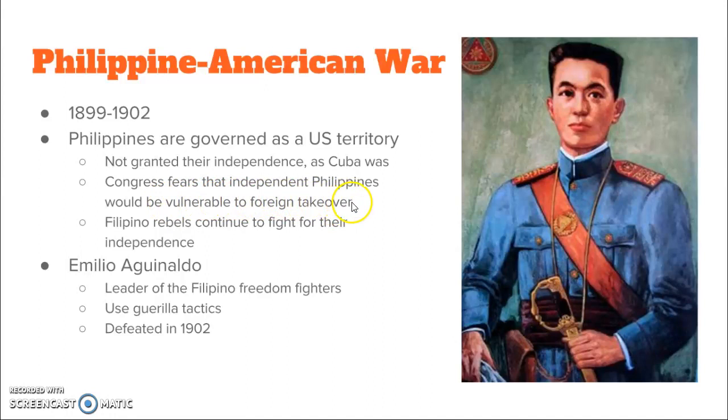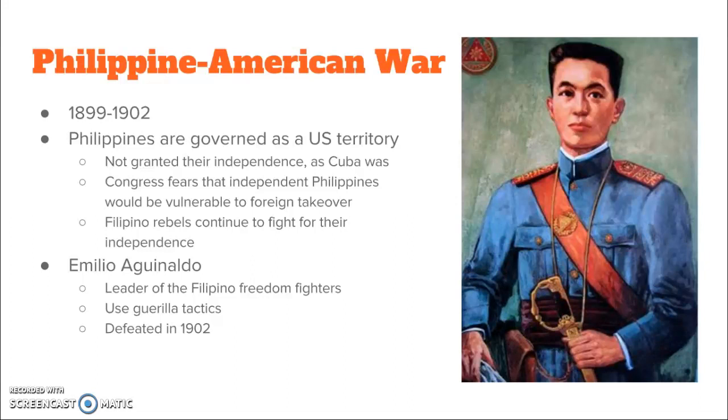Basically, Congress deduces, in its infinite wisdom, that the Philippines are going to be colonies of someone. Either France is going to take them, or the Netherlands is going to grab them up, or we're going to take them in the United States. But they're going to be a colonial possession of somebody, so they might as well be us.